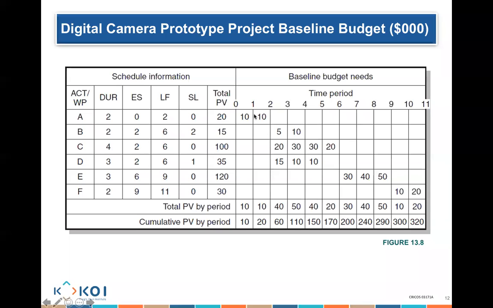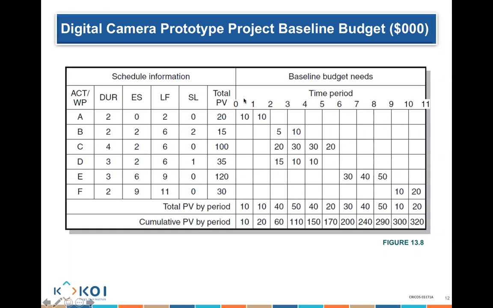Now, I need to think about how much I'm supposed to be earning at any particular point of time. So you can see here, the total planned cost, or planned value, of this particular activity is $20. Okay, great. So we understand that.